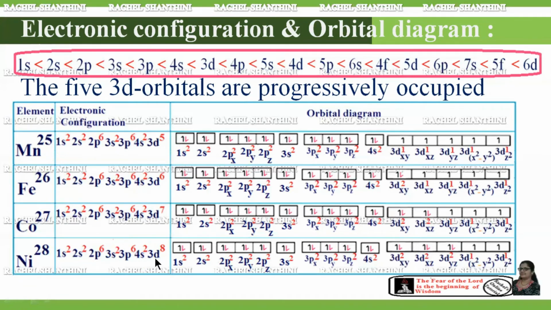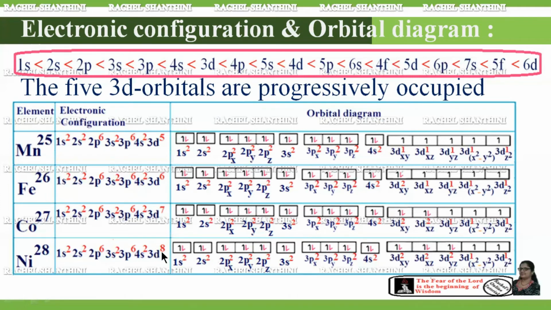Understand? Likewise, while drawing the orbital diagram for nickel, the first electron will occupy 3dxy, the second electron will occupy 3dxz, the third electron will occupy 3dyz, the fourth electron will occupy 3dx square minus y square, and the fifth electron will occupy 3dz square.